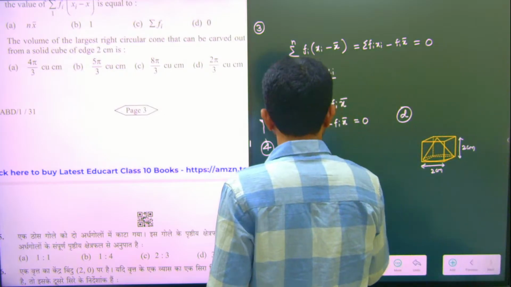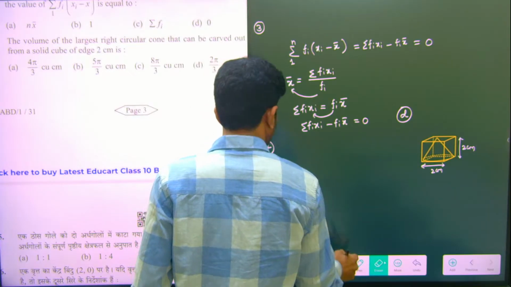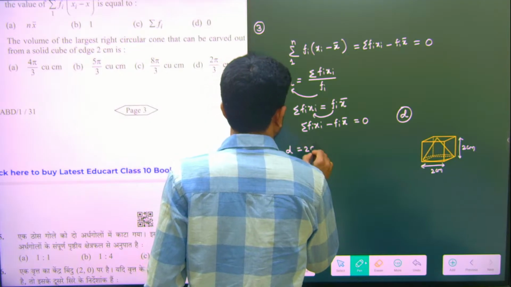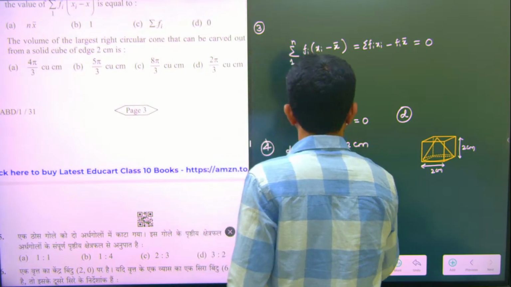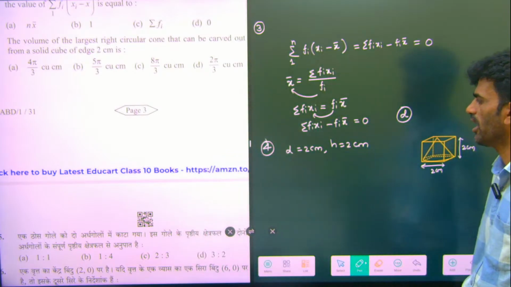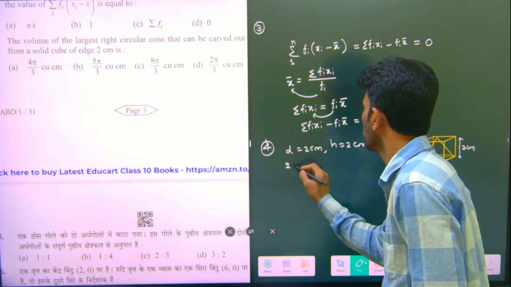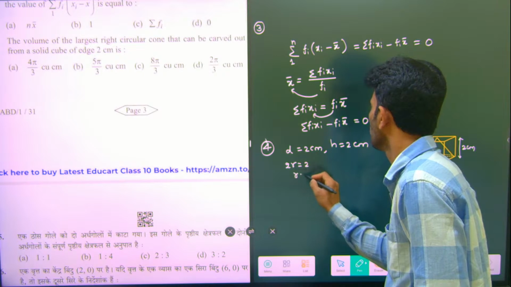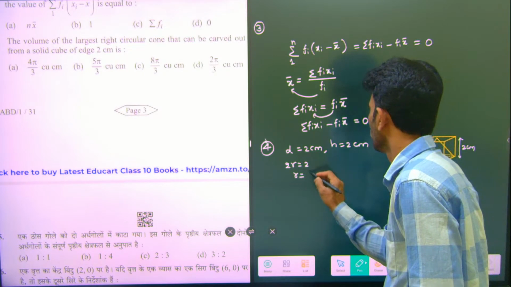So D is equal to 2 centimeters and the height is also 2 centimeters. When the diameter is 2 centimeters, 2r is equal to 2 centimeters. Then r is equal to 2 by 2, 1 centimeter.